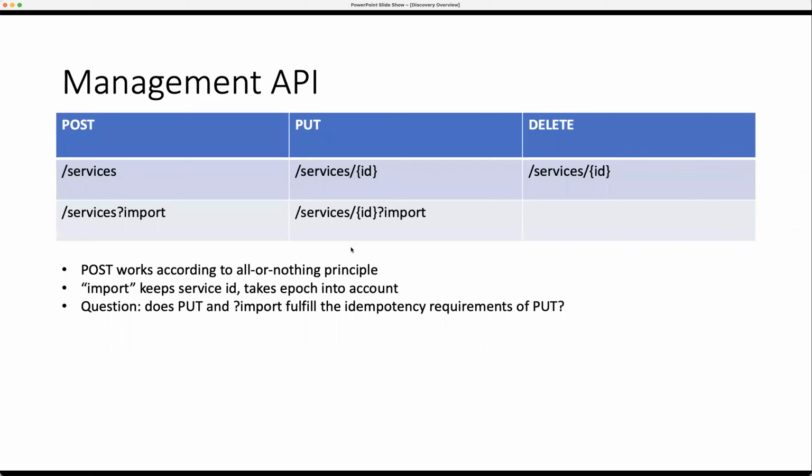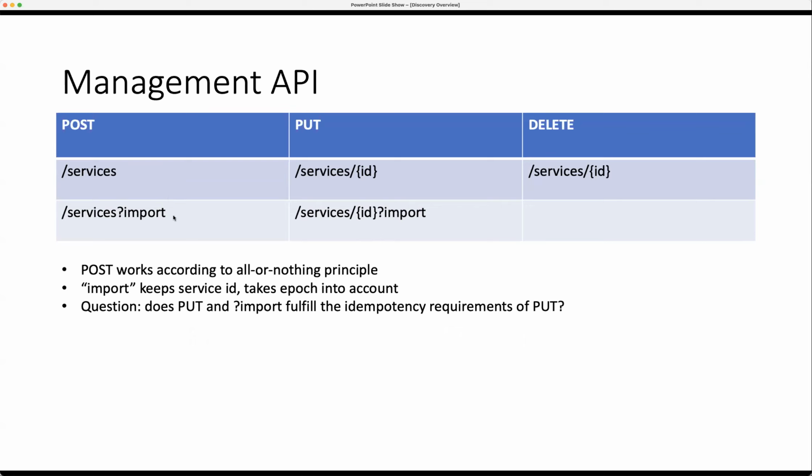So the management API, which is optional to support, has different operations. The first one, without the import parameter, is just for the creation and update of a service on the discovery endpoint, and here the endpoint itself creates that ID that was mentioned before.